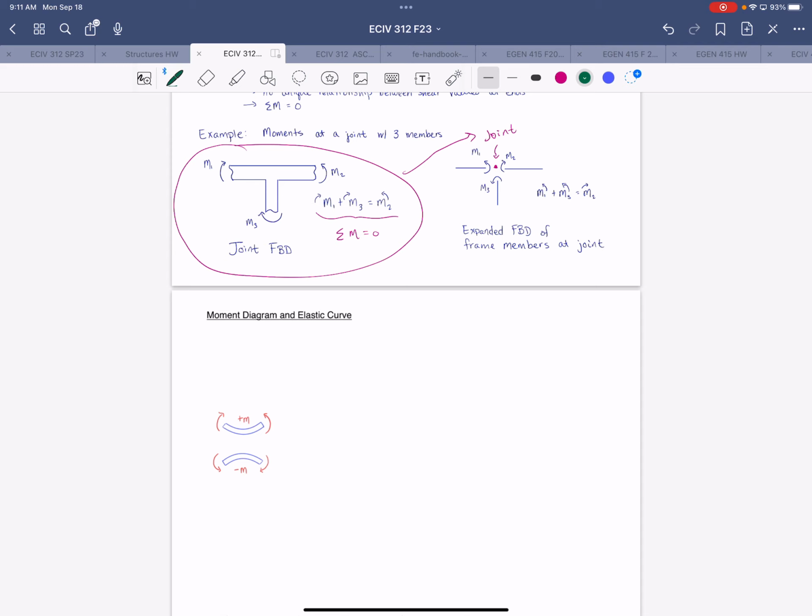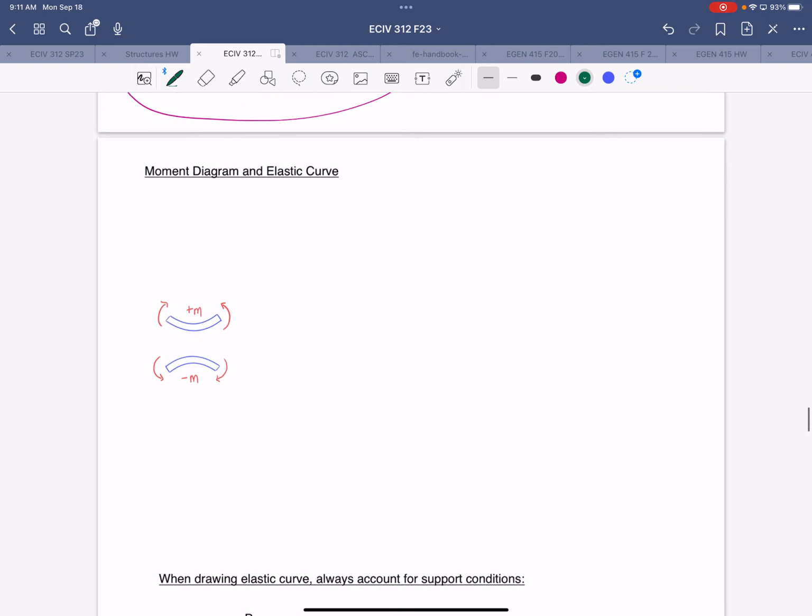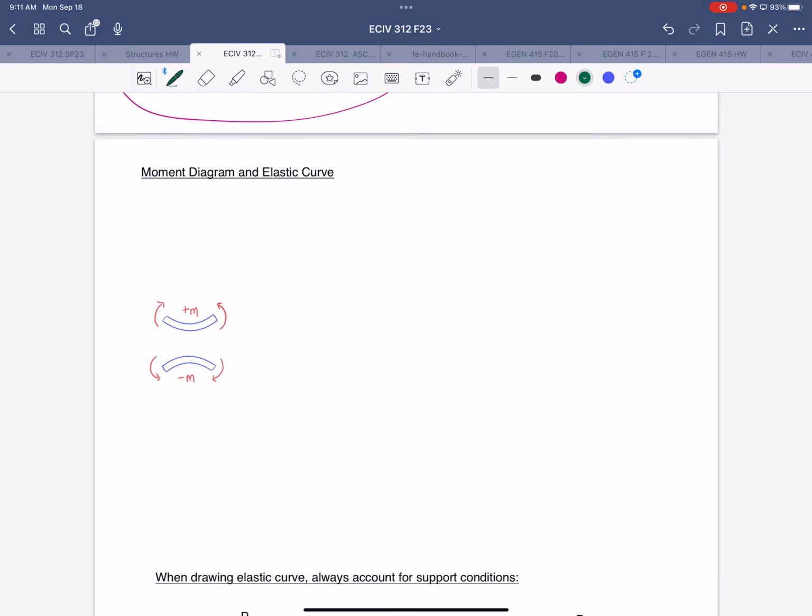Good news is, in this class, we're not going to be doing those integrations. We're not going to be deriving those equations. We're going to be applying more of an intuitive approach to drawing the shape of the elastic curve. So we're going to go through a few definitions and rules and then start applying it to examples to show you what we're going to do. All right, so the deflection curve of the longitudinal axis of a member subject to bending is the definition of elastic curve.